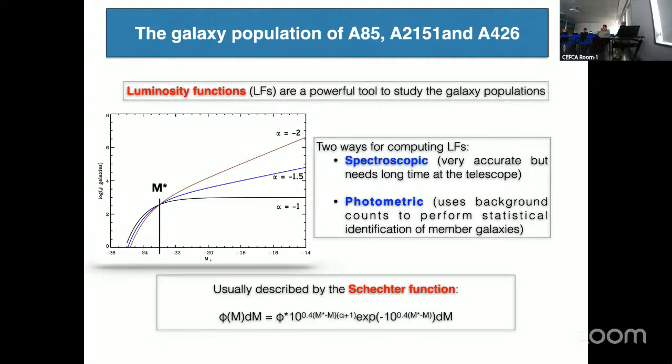M star represents the change between the exponential part and the power-law part, and alpha represents the slope of the power-law part, the faint end of the luminosity function. When alpha is -1, the luminosity function is very flat. When alpha is smaller than -1, the luminosity function is higher in the low-mass regime.